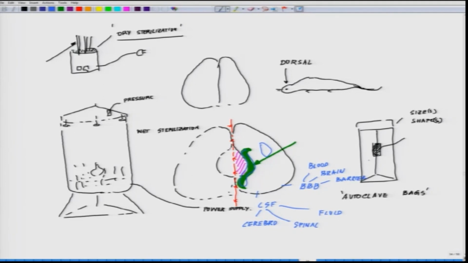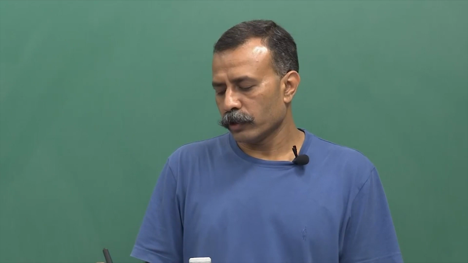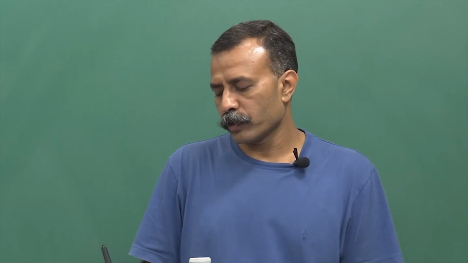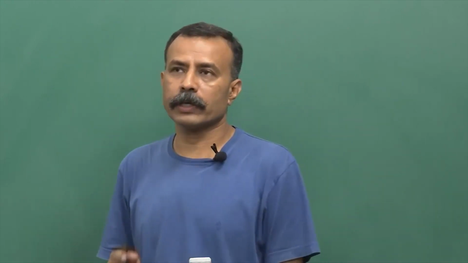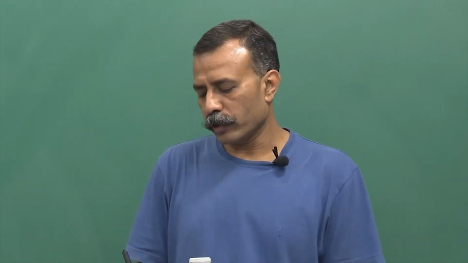So, if you are developing a medium for neuronal cells, then you should know the milliosmolarity. Most neurons grow better between 220 to 230 or even up to 260 milliosmoles, as against other cell types of the body which are in direct contact with the blood, which are around 320 milliosmoles.